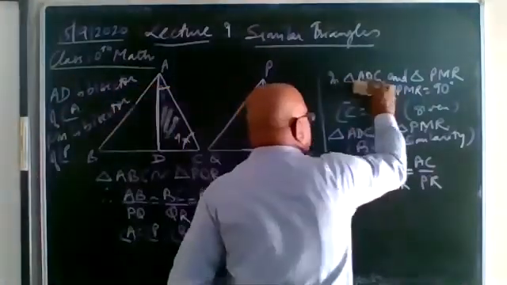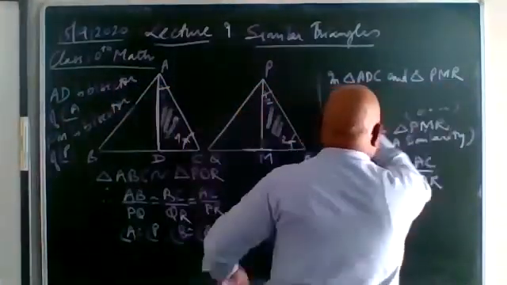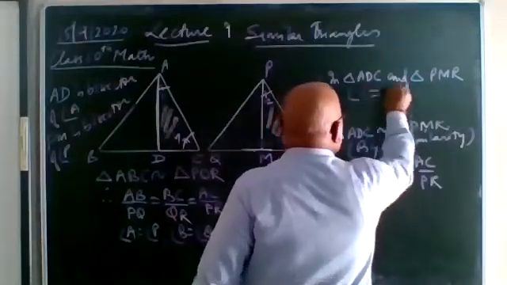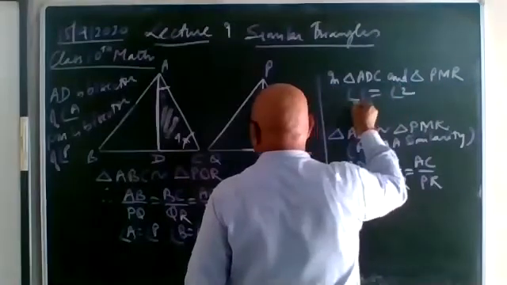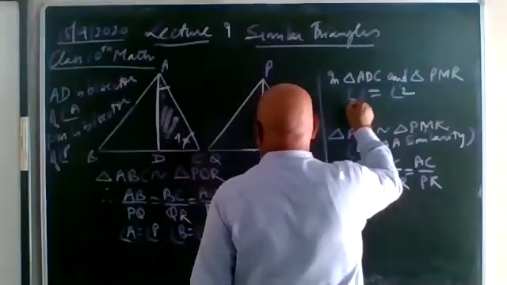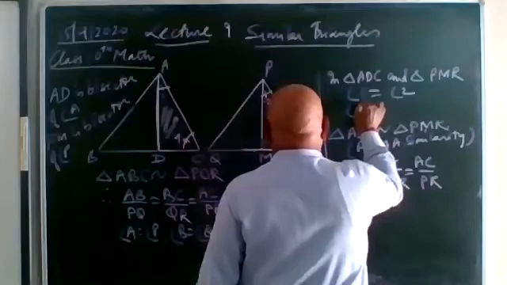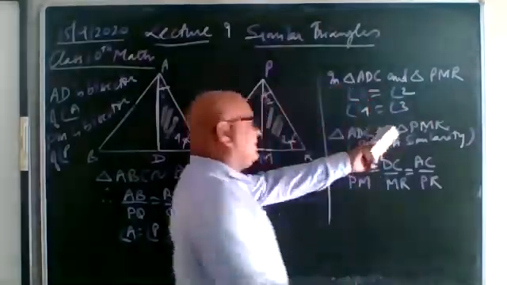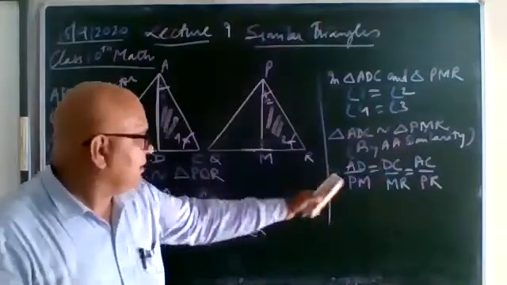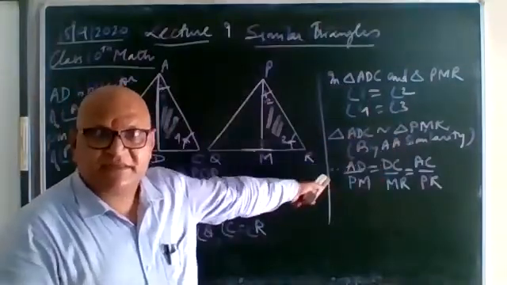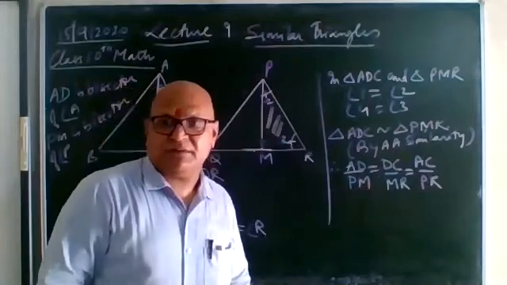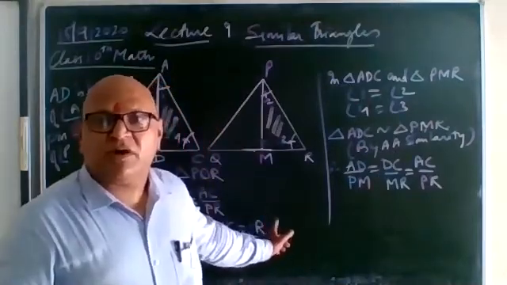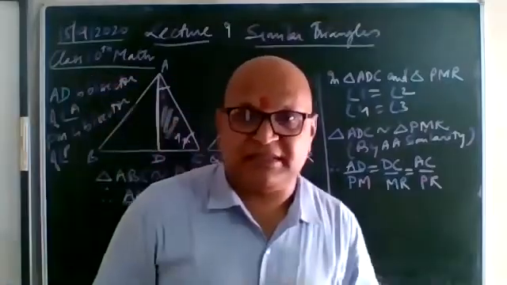Here, this will change. If this is angle 1 equal to angle 2, after that, angle 4 equal to angle 3. Triangle ADC is similar to triangle PMR by AA similarity, so both sides are in proportion. Understood? This is the way you can solve for the angle bisector.